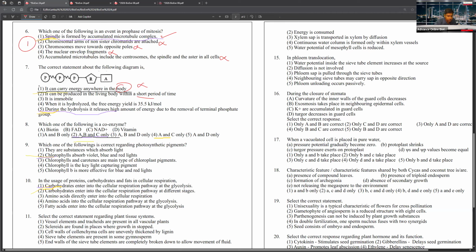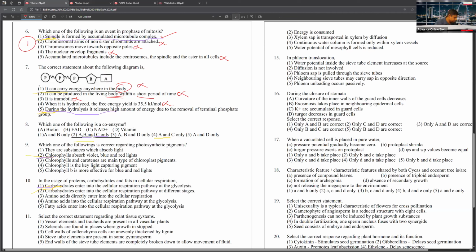Living body, the cell. Wrong. It is immobile, wrong, mobile. When it is hydrolyzed, free energy yield 35, wrong. During hydrolysis, it releases a high amount of energy due to removal of the terminal phosphate group.